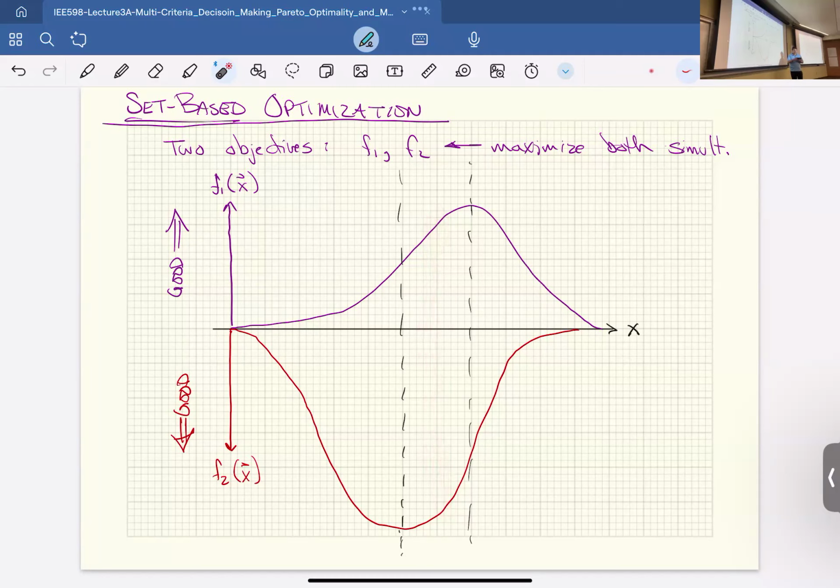So we are going to cover basic Pareto efficiency or Pareto optimality, which is that it doesn't matter how big the improvement is. As long as you get an improvement in one, if it causes a decrease in another, then we're calling that a Pareto optimal solution.